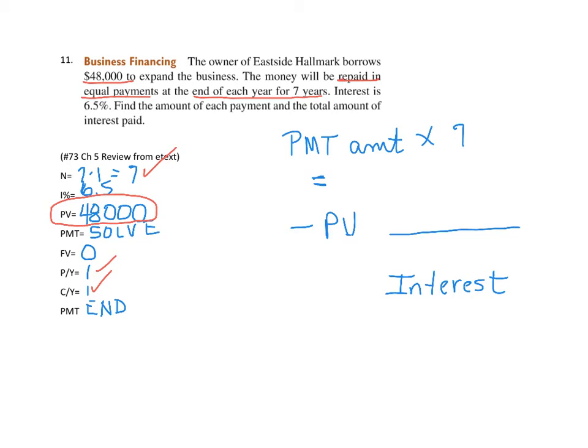At the end, the loan is going to be paid off. So the future value would be 0. The only thing that we need to figure out is how much is the payment amount.